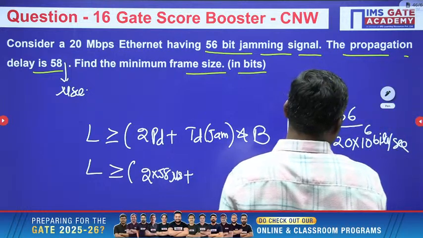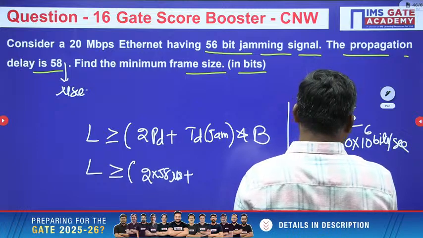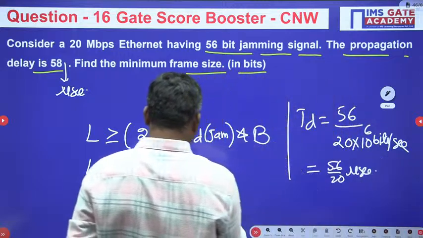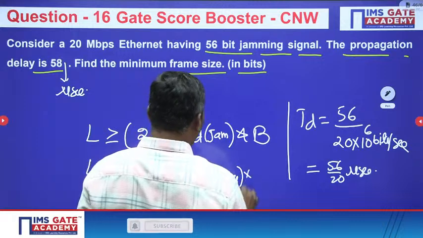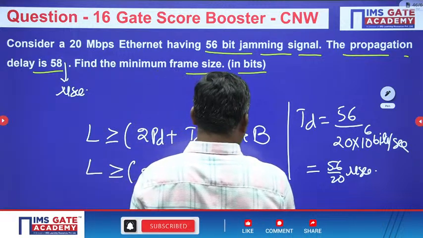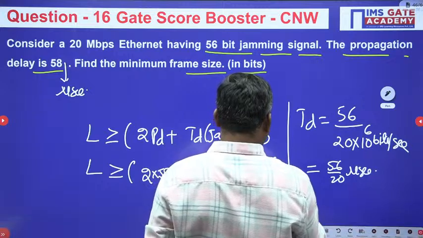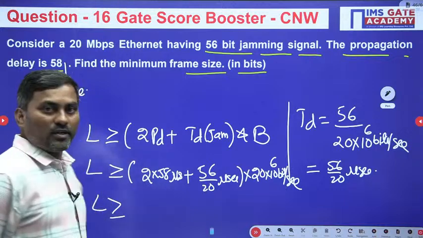This transmission delay will be 56 by 20 microseconds. So 56 by 20 microseconds into bandwidth is what? 20 into 10 power of 6 bits per second. Tell me what is the value, simplify and tell me.